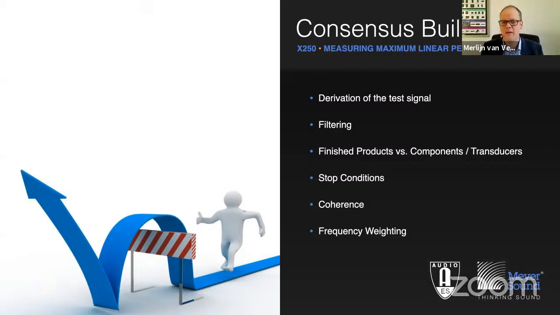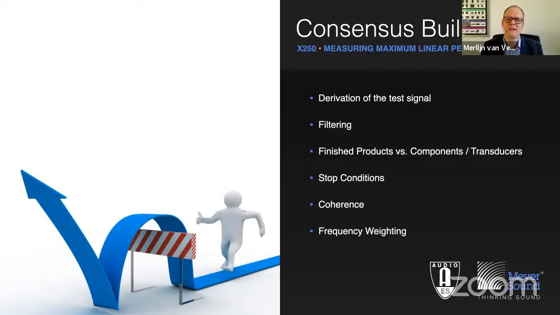There were many topics that we discussed at great length, such as the derivation of the test signal. Are we allowed to use filtering or not? Is this standard only intended for finished products that are ready to go to market, or can it also be used for component testing or transducer testing? All of that has been discussed at great length.